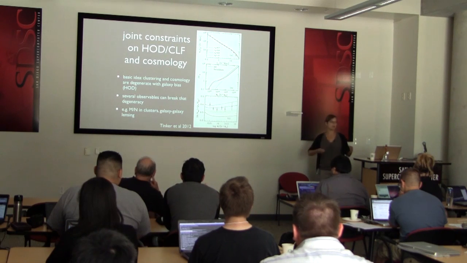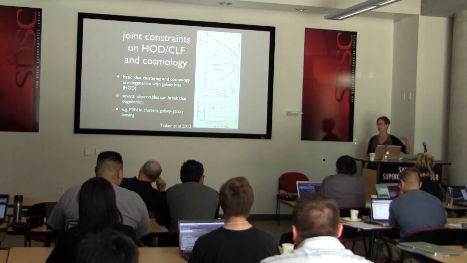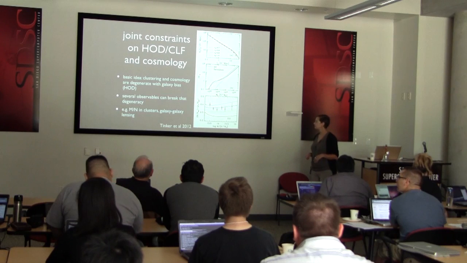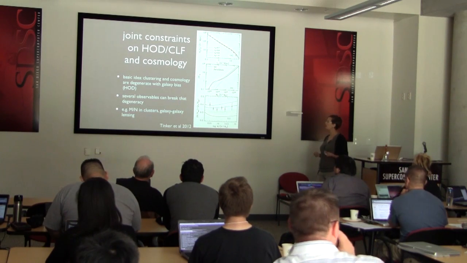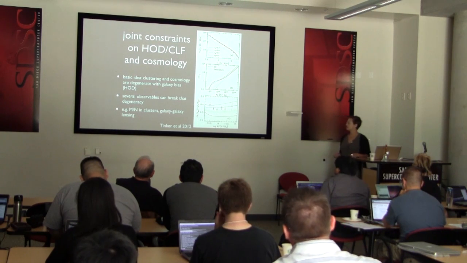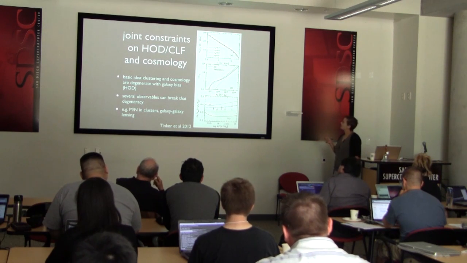For a long time, people have only talked about cosmological probes on very large scales. You just say, well, it's too complicated on small scales, so I don't want to worry about that. And it's true that it's complicated, but we know how dark matter clusters even on small scales. So I believe that one can proceed this way. So this is a specific example of how you can do this.